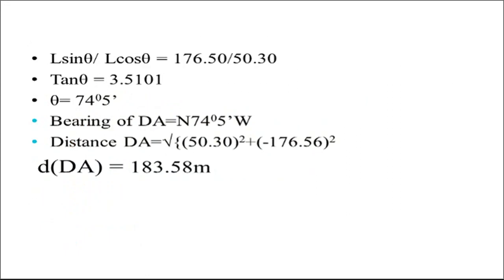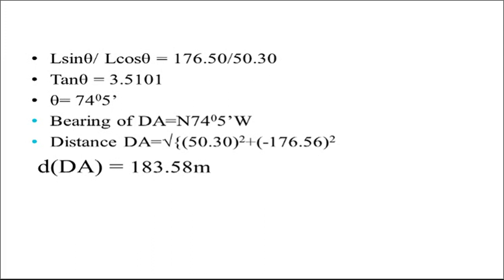Next, we know departure upon latitude is equal to tan theta. Therefore, tan theta is equal to departure, L sin theta, divided by latitude, L cos theta, which is 176.56 divided by 50.30.